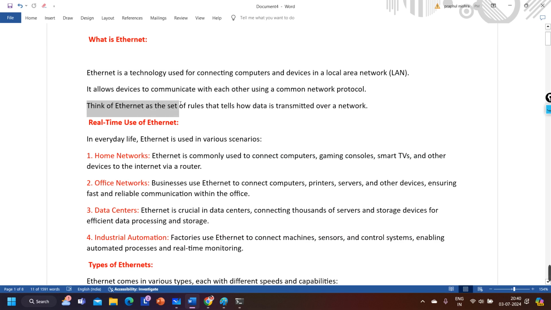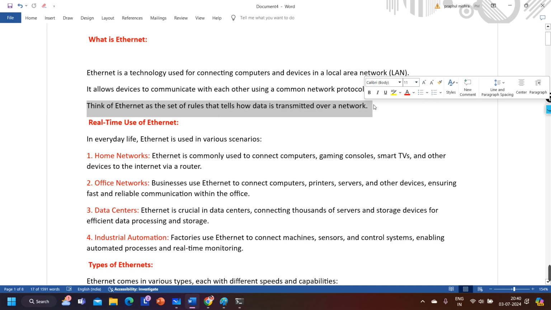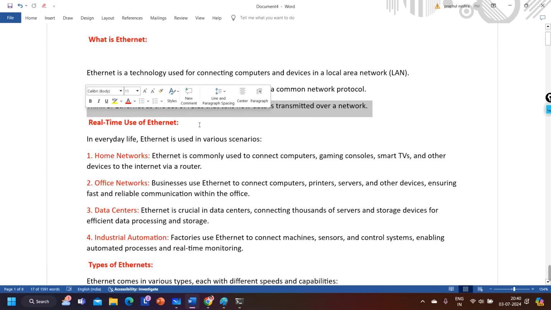Think of Ethernet as the set of rules that tells how data is transmitted over a network.